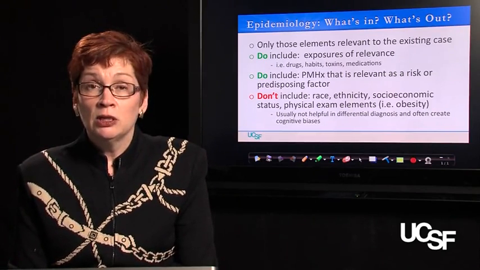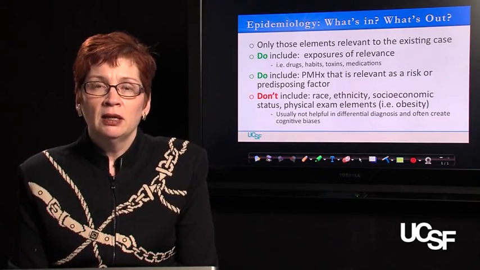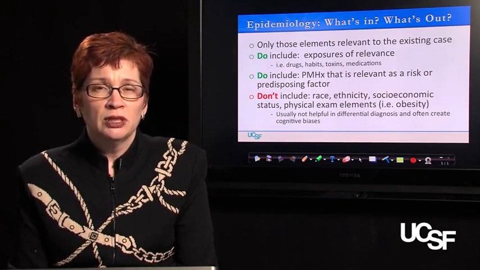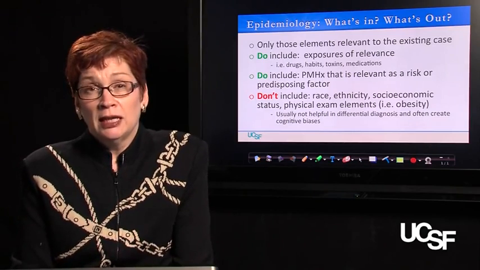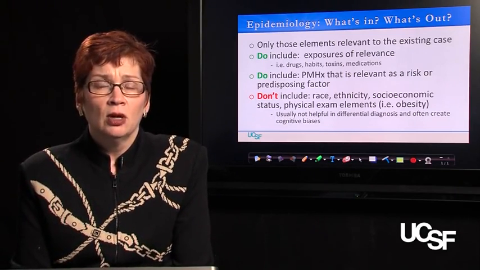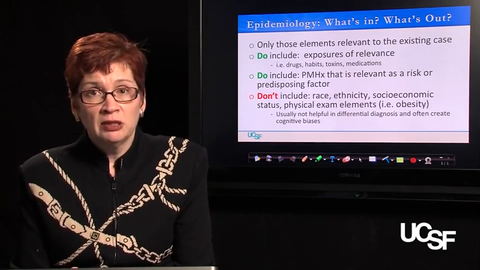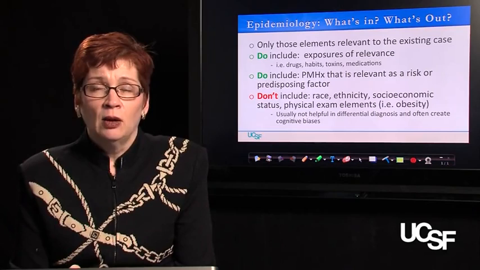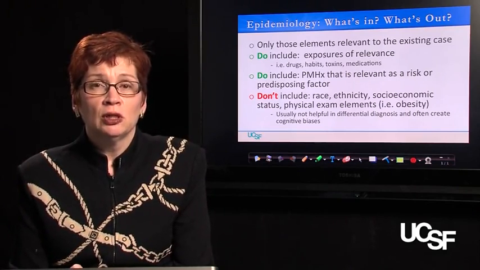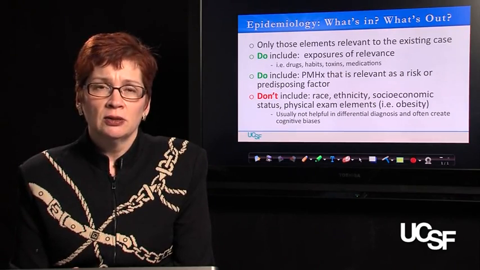What we generally recommend you don't include are comments about race or ethnicity, because this actually may precipitate bias elements, and it turns out they are not that helpful in terms of identifying differential diagnoses, with a very, very few exceptions. You also shouldn't make comments about socioeconomic status, which might of course be relevant to the patient's ultimate treatment, but should not influence necessarily your differential diagnosis.